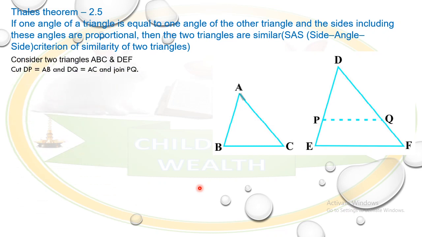Consider two triangles ABC and DEF. Same case as in the earlier theorem that we have proved. We have drawn line PQ considering the side lengths of AB and AC. So obviously triangle ABC is equal to triangle DPQ.